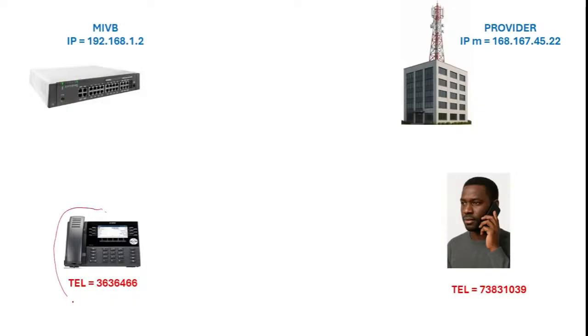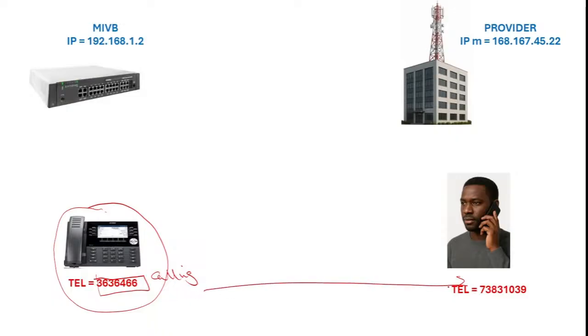For example, this is our telephone. When it calls out, this is the number that it is going to use as the calling number for caller ID, and it's going to call somebody who is outside of the organization on this number. So this is the called number. This is the calling number.